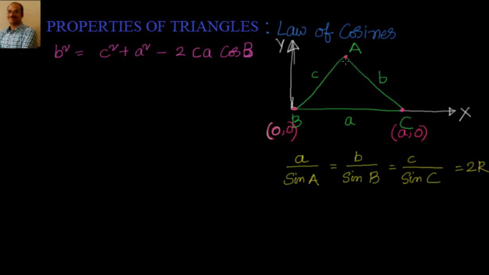Now also you can see the coordinates of A. If this length is c, you want to find out the coordinates of A. If you take this angle as angle B, you know that the x coordinate is nothing but this distance, that's equal to c cos B. So can I say the coordinates of this are c cos B, comma.